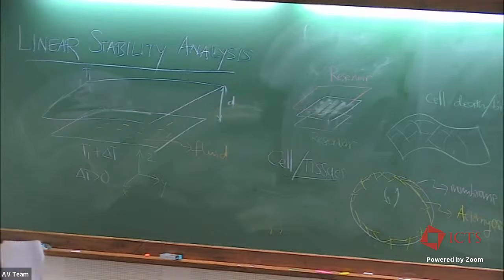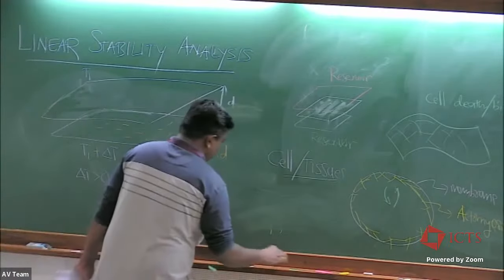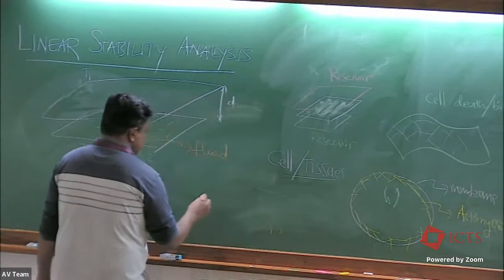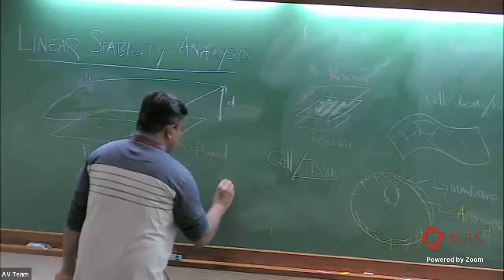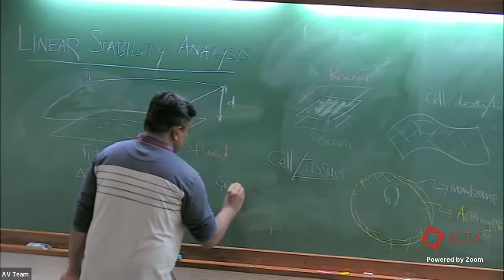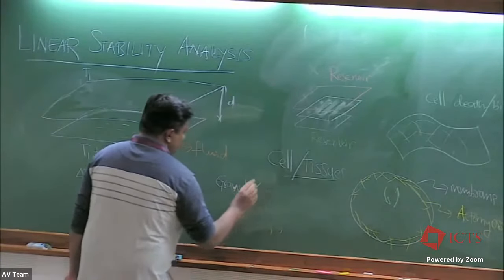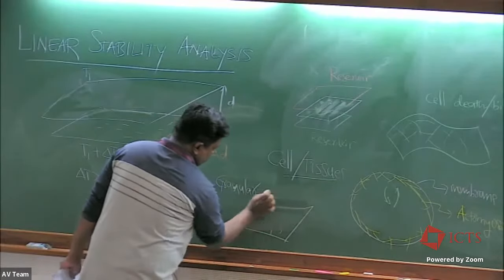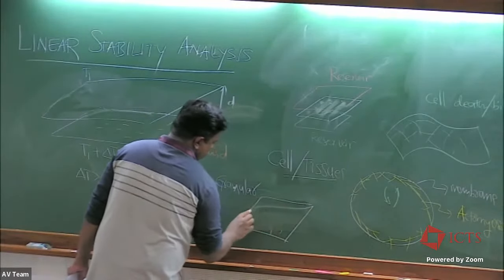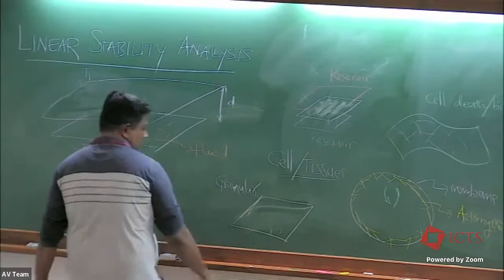A very non-biological, non-fluidy example, which is also something that we have a lab here, is granular materials, where we have a plate. Okay, that doesn't look rectangular. Or maybe circular.